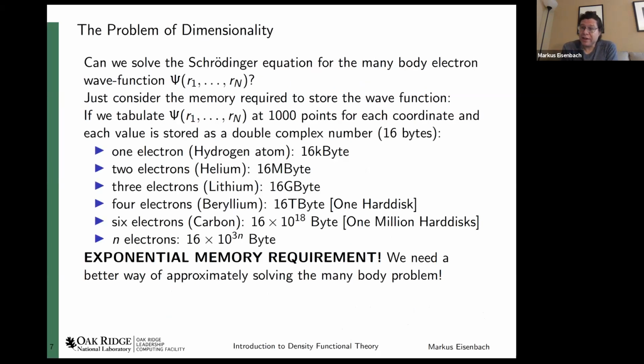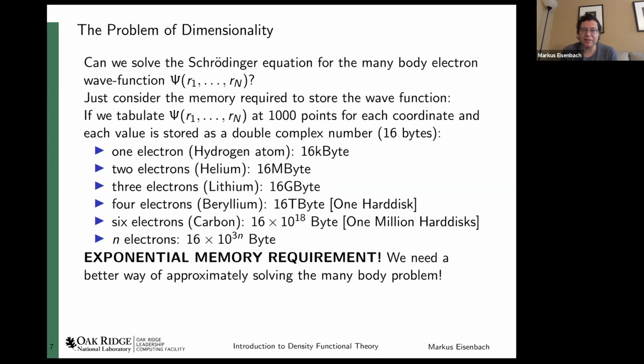In principle, we know how to numerically solve this equation, but there is a problem of dimensionality. Just consider the memory requirement to store a wave function like this.